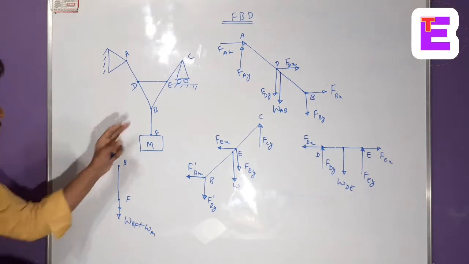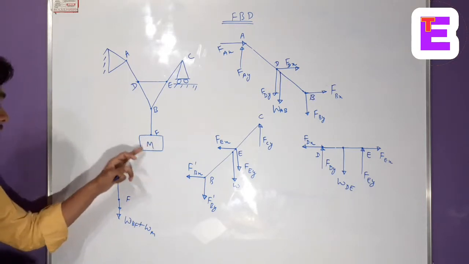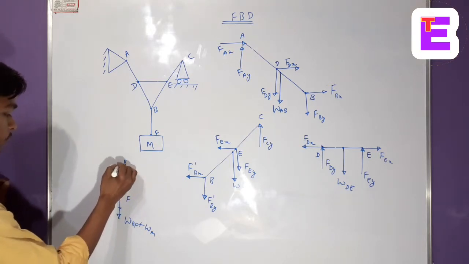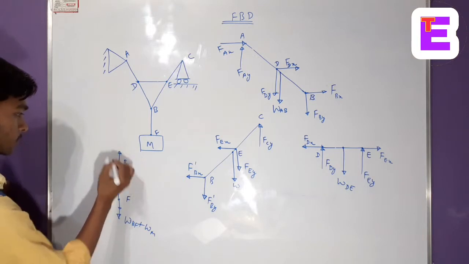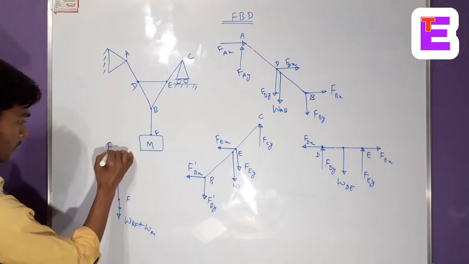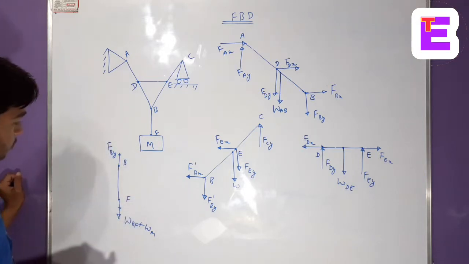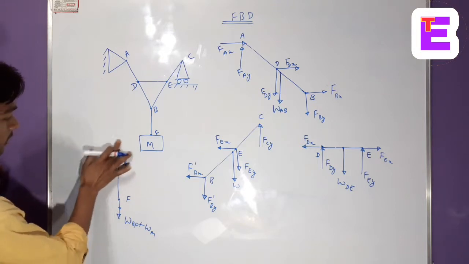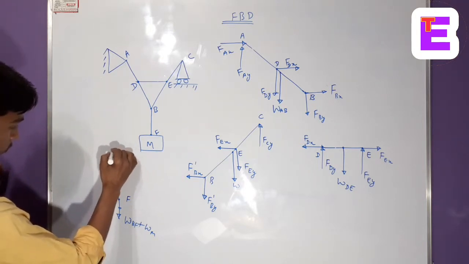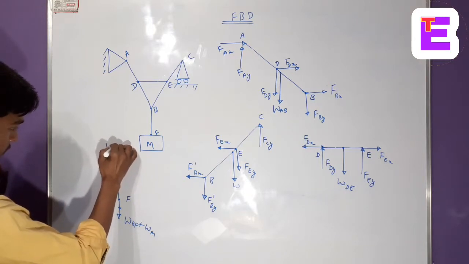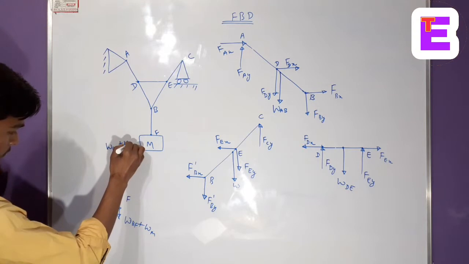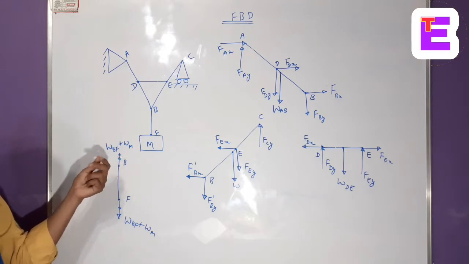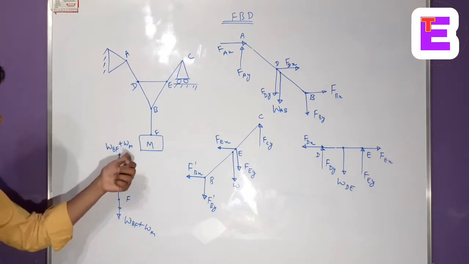Two forces are acting due to its own weight as well as the weight of this block, we can say. And at B it will experience some force in the upward direction, say Fby, okay, and that will be equal and opposite, okay. So we can directly write that in the upward direction it will be WBF plus WM, that two forces, we can say this resultant force, that is WBF plus WM.